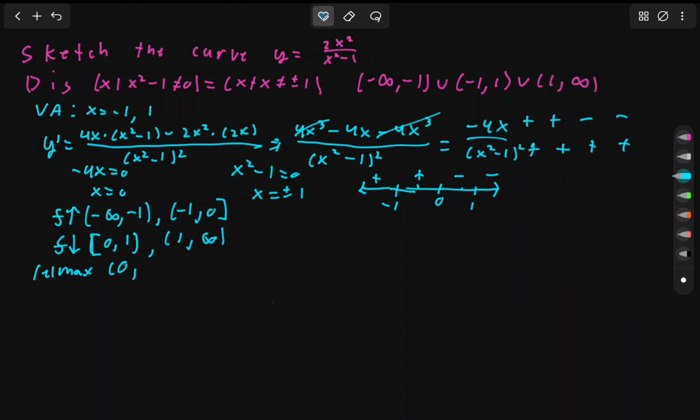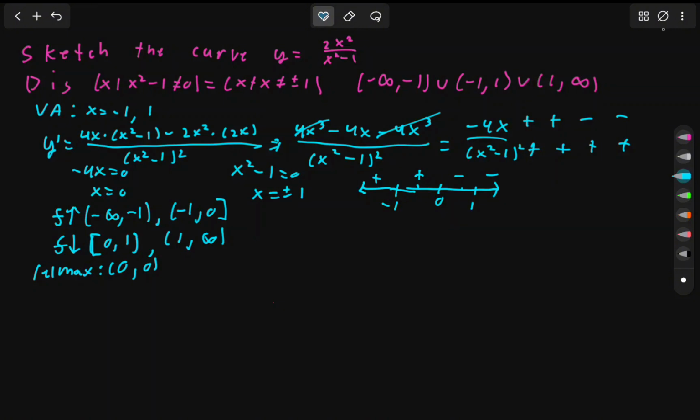Whenever we plug in 0, we get 0 in the numerator, but in the denominator, we get -1. So it's going to be the point (0, 0). All right, so now that we've found the one critical point, this other one is not going to be a critical point because it goes from negative to negative as the sign doesn't change.